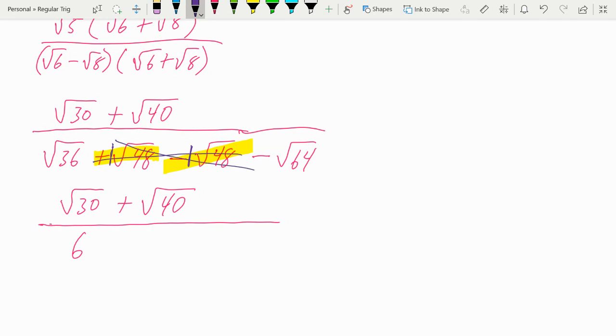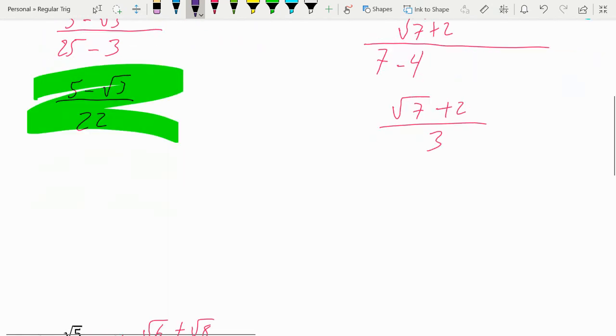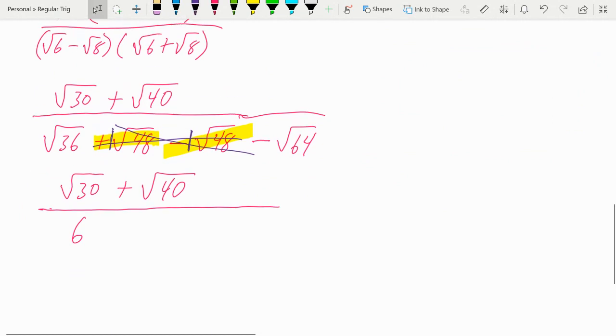So these two cancel each other out. So it's gone. Do you notice that happened in every single problem? It happened in all these other problems that we did. It's going to happen with you also when you're doing this. And then lastly, negative square root of 64. Well, negative square root of 64 is negative 8.